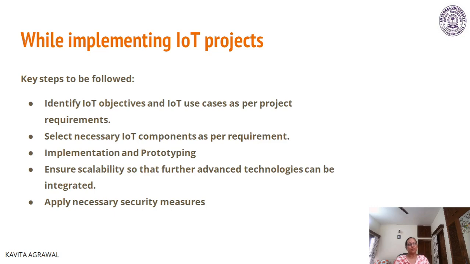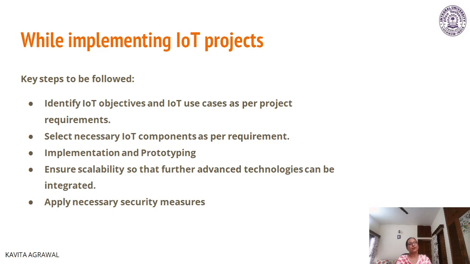Once we have these components with us, we should first try and implement a prototype. Once this prototype is successful, only then should we go about implementing it. If we see IoT projects, we are not restricted to just one machine. If I build a component for a washing machine for some company, and that company is manufacturing 1000 washing machines per day, then this component goes into those 1000 machines every day.